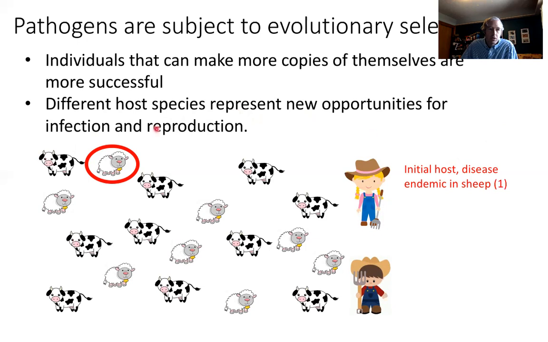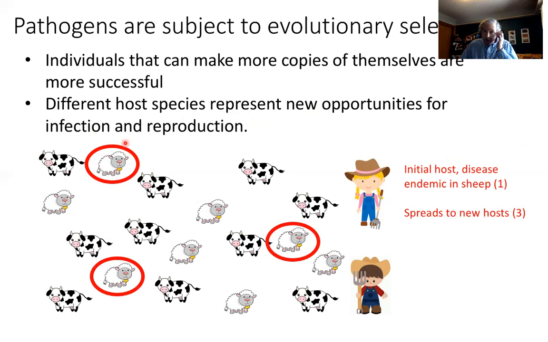So we have our initial host still, our little sheep. It's our initial host, so this is sort of patient one, with disease that's endemic in the sheep. Now, because it's in a group, the disease spreads to new hosts. So now we have 3 infected hosts rather than 1. However, because this disease is endemic in sheep, some of these other sheep might have experienced the disease before and they've recovered from it and they're now immune.